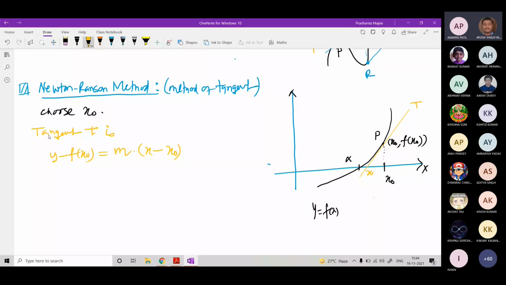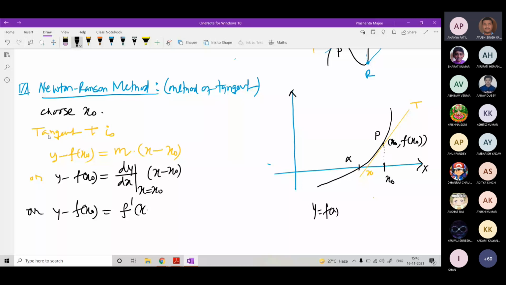The derivative of the function, or dy by dx at the point x equals x0, is it not? M, the slope of the tangent, into x minus x0. So y minus f of x0 equals f dash x0, the derivative at the point x equals x0, into x minus x0.